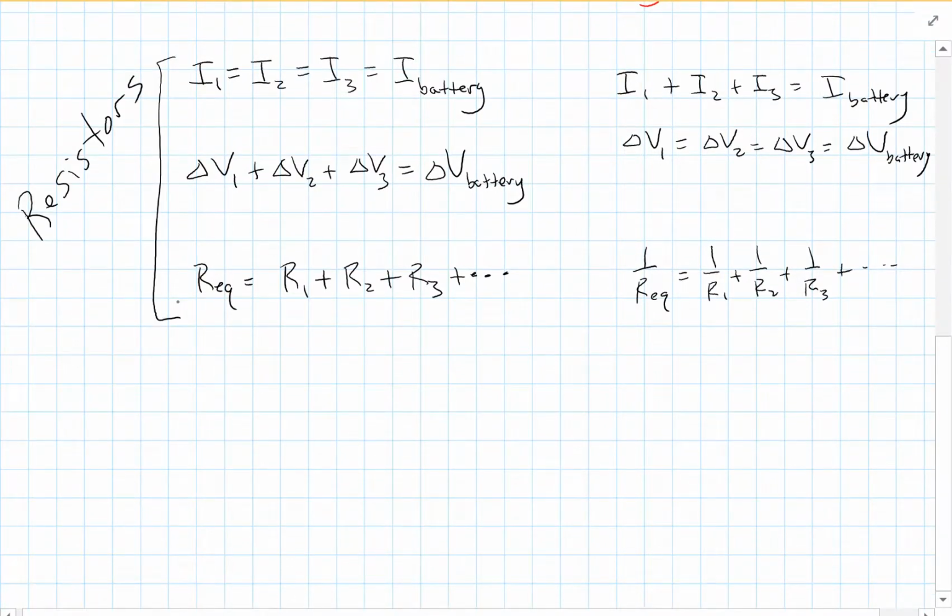And as a quick reminder, let's recap what we got for capacitors in series and capacitors in parallel.